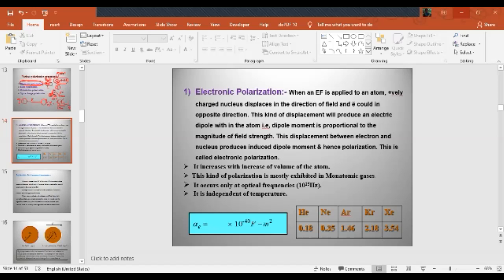Due to that, the positive charge and negative charge are separated. Are you clear and sure? This happens only in non-polar atoms.